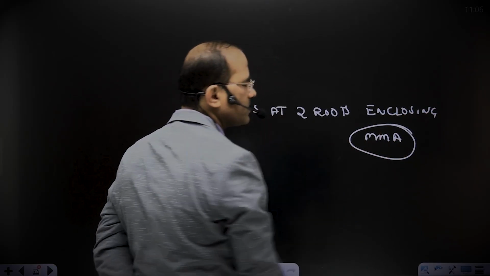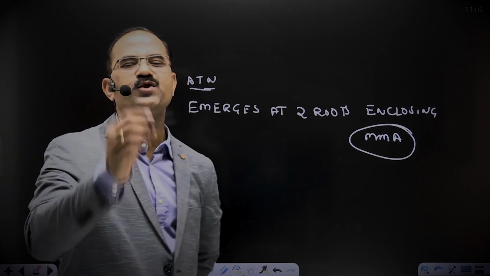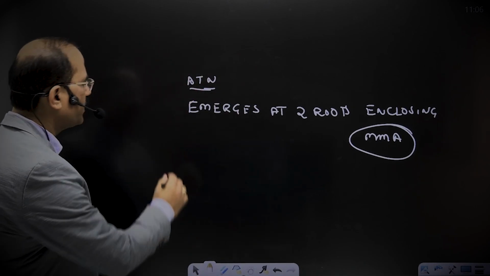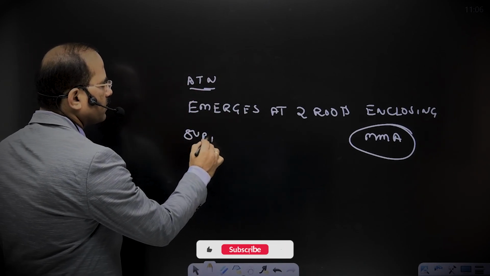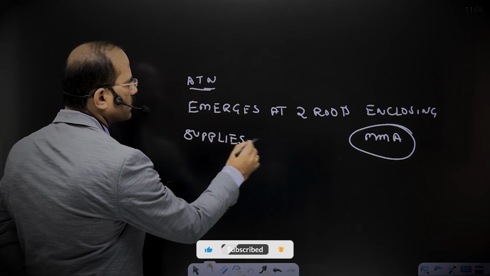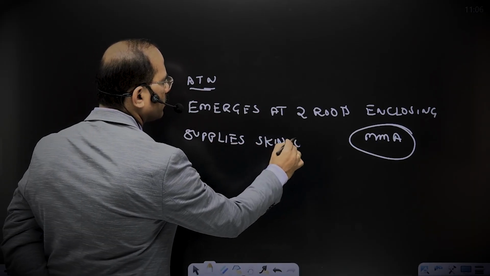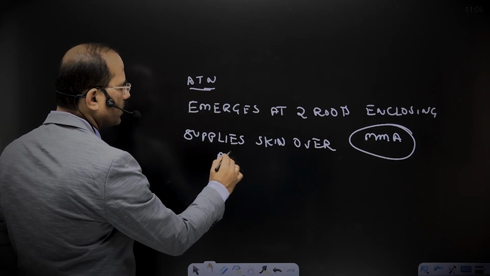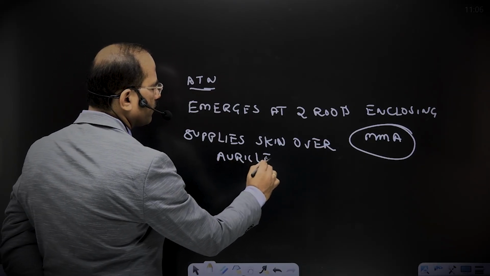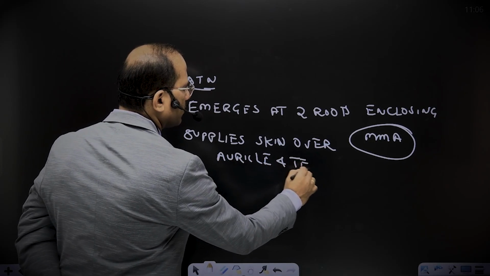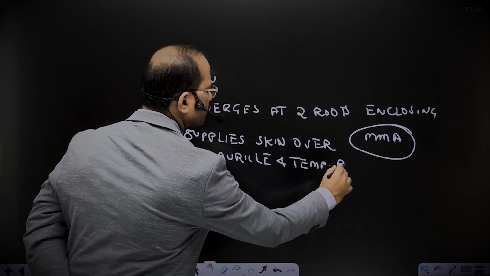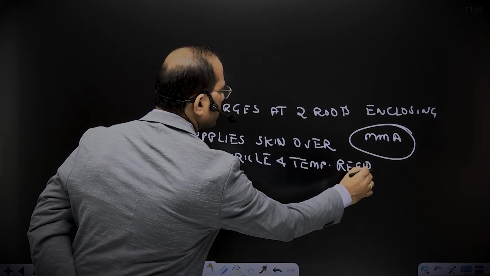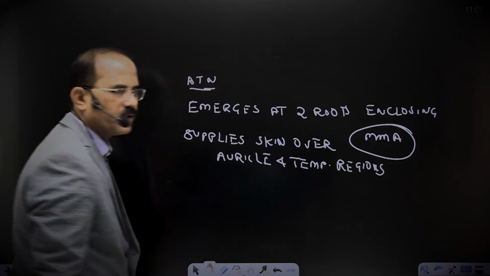Remember this, enclosing the middle meningeal artery. So it emerges as two roots, enclosing the middle meningeal artery, and supplies the skin over the auricle and temporal regions.